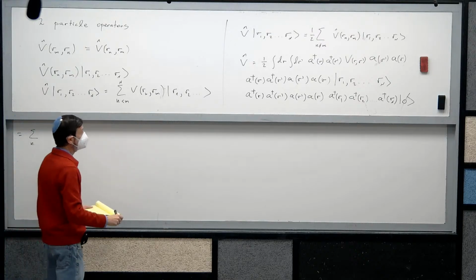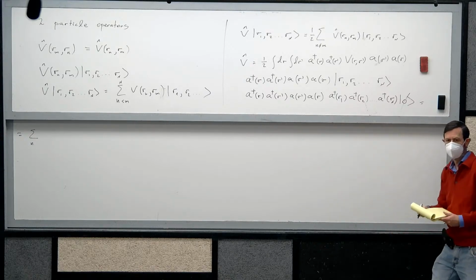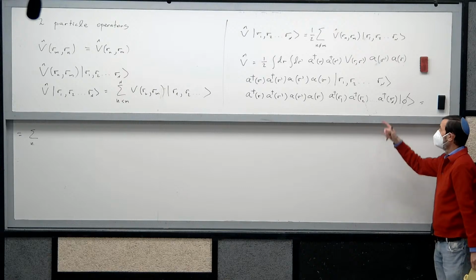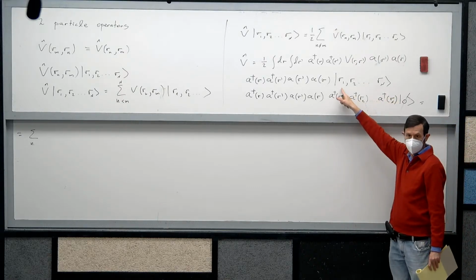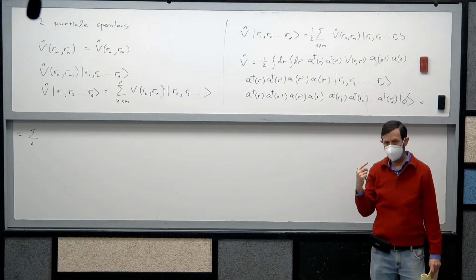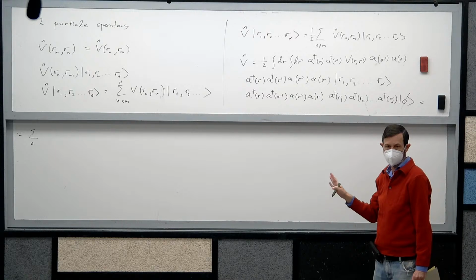So I'm continuing from here. I had some vector of the capital N particles in the position description, right?